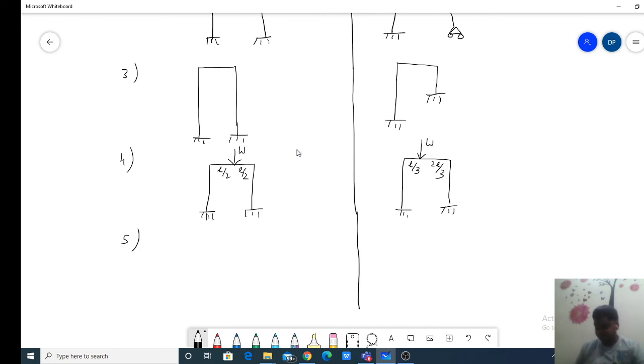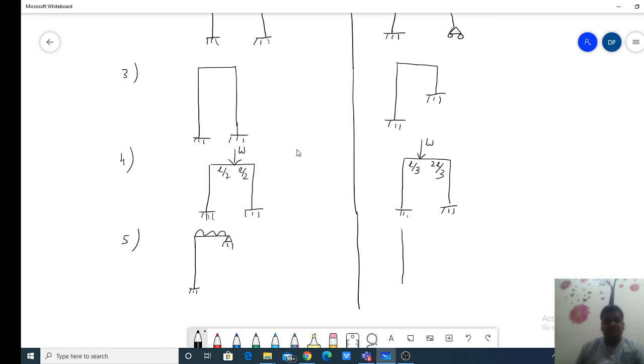If this is the frame given, and the support is a hinge support with a loading given, this is a non-sway frame because whatever horizontal force is coming is resisted by the horizontal reaction.